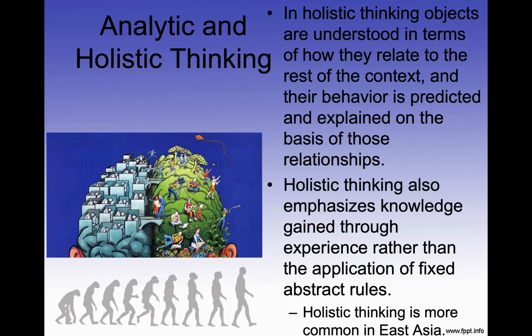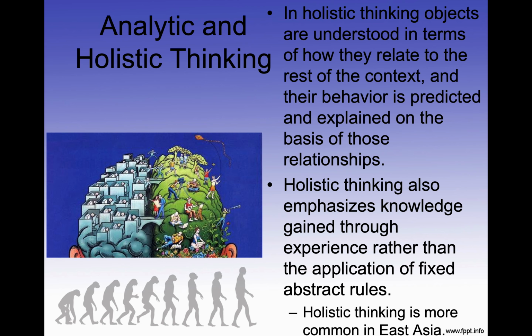Holistic thinking also emphasizes knowledge gained through experience rather than the application of fixed abstract rules. Holistic thinking is more common in East Asia. So analytic thinking is more common in the Western world, and holistic thinking is more common in the Eastern world.